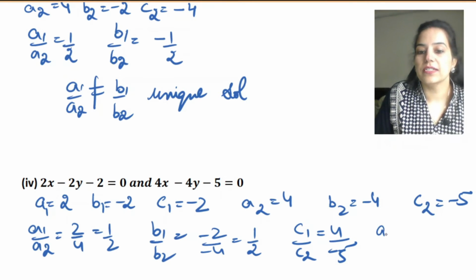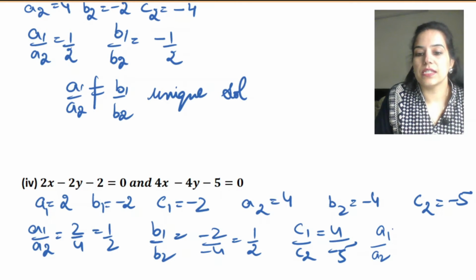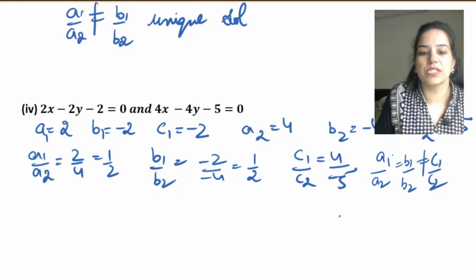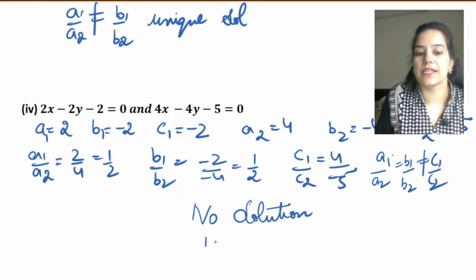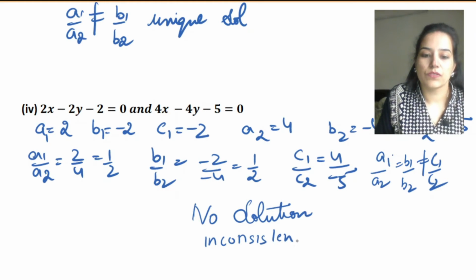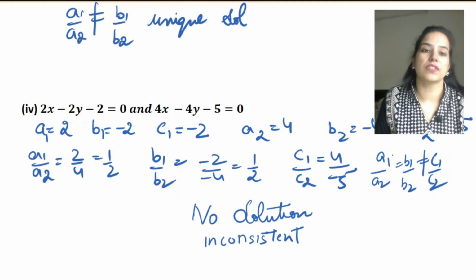So what is it here? A1 upon A2 is equal to B1 upon B2 is not equal to C1 by C2. So what do we do in these cases? This is a no solution. Or I can even say inconsistent. So this one also need not go onto the graph.